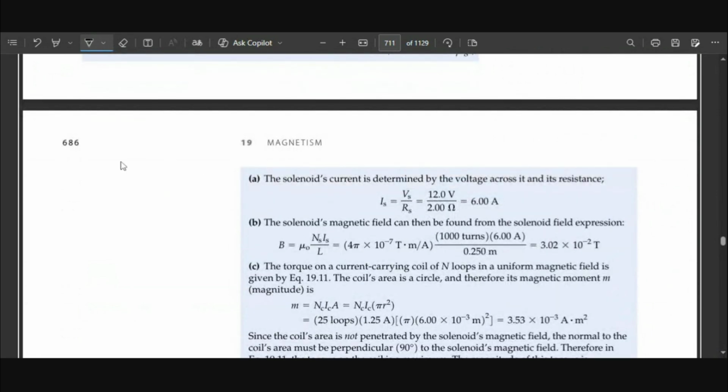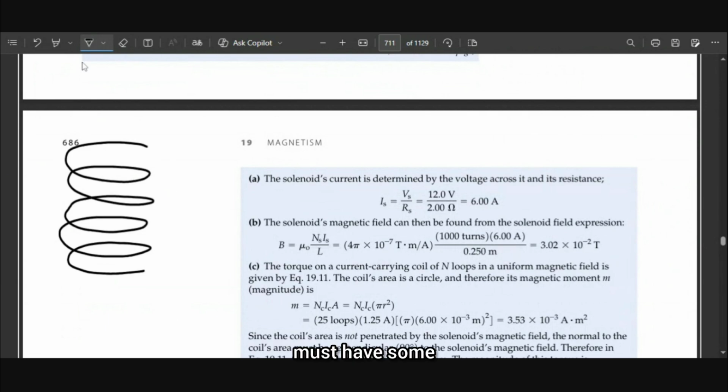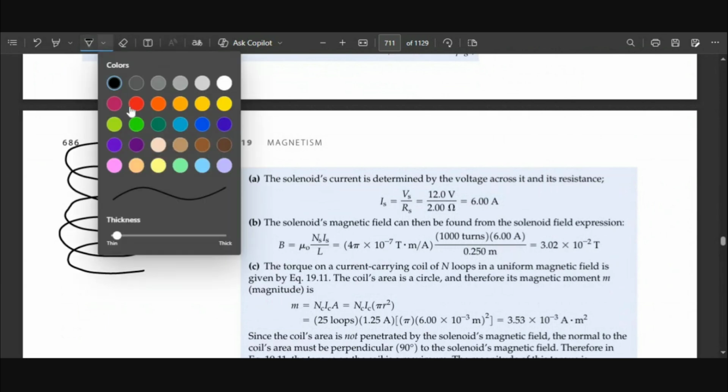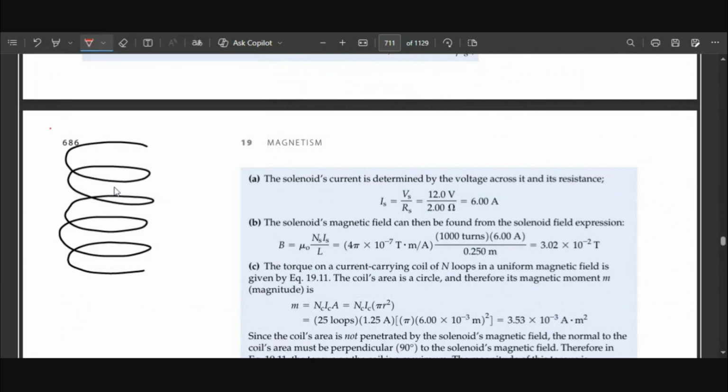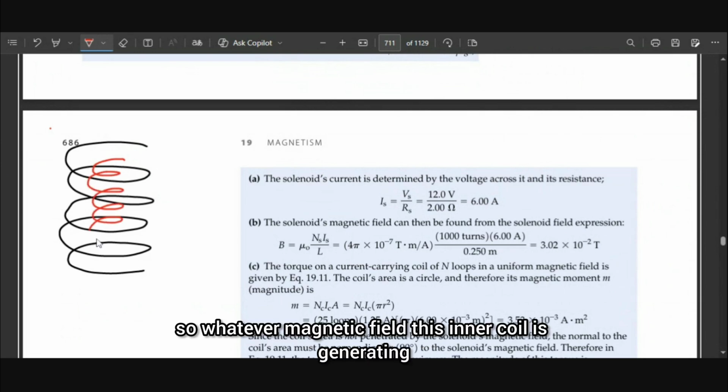The one thing that we have to understand here is the outer coil must have some radius, which we already know, whereas the inner coil generates its own magnetic field.